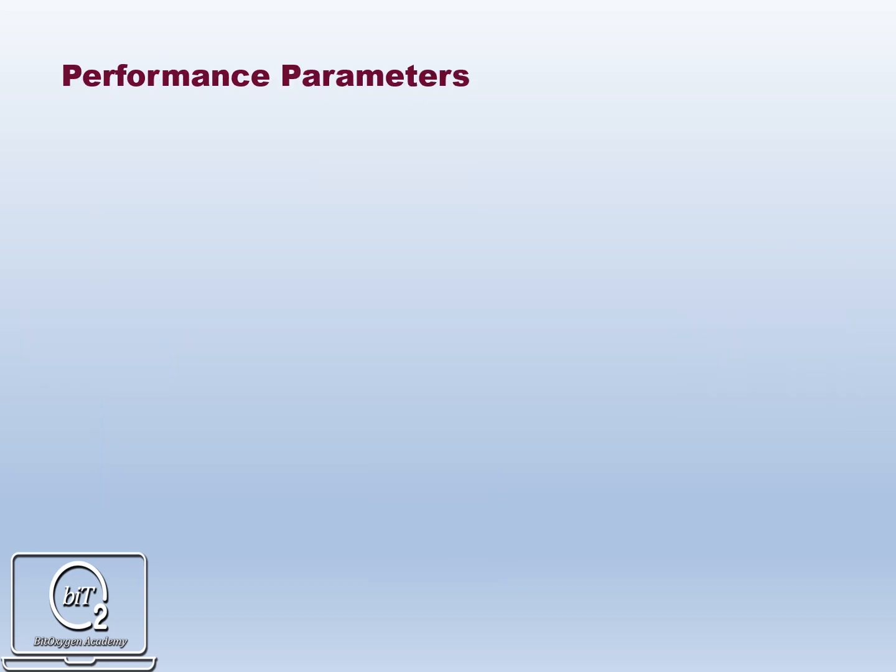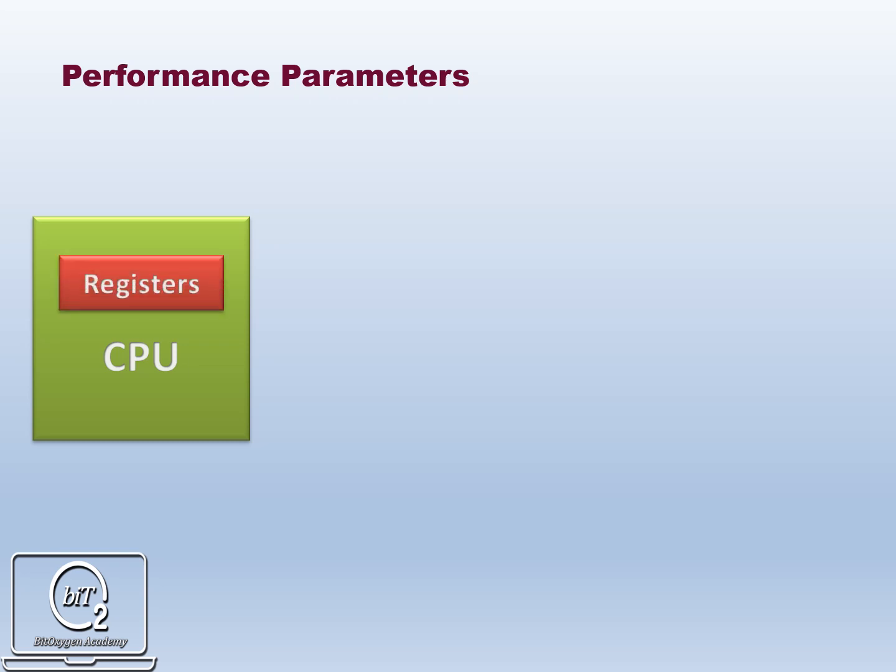Let's see the working of cache memory and performance parameters. The CPU wants to run an instruction, or we can say it starts execution of an instruction. So there will be a need for data. For that purpose, first registers come.